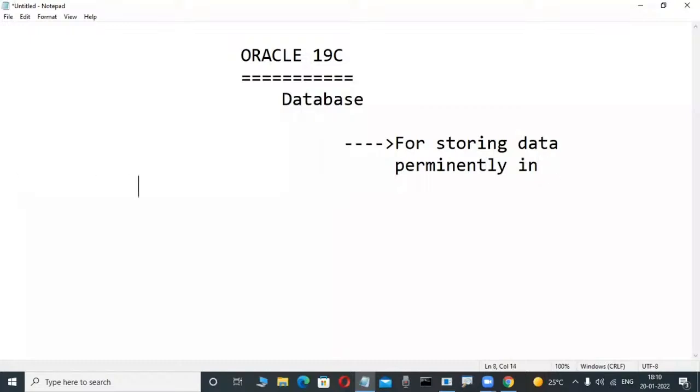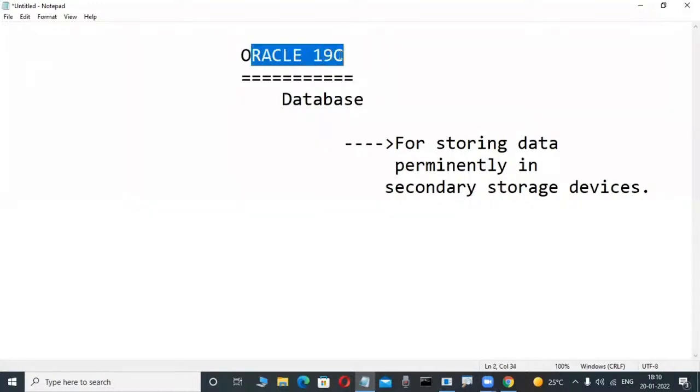Secondary storage devices means maybe hard disk. Suppose today we store data, then after 5 years, 10 years, 20 years, 100 years also your data is available. You are using it. That's why Oracle is a product from Oracle Corporation.